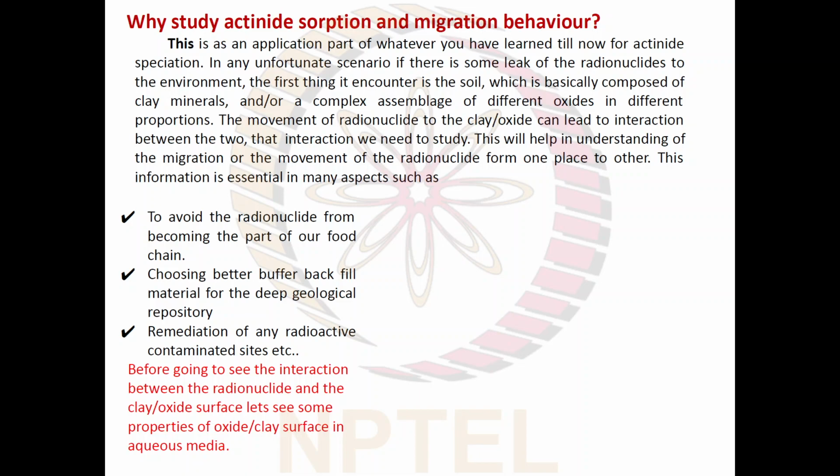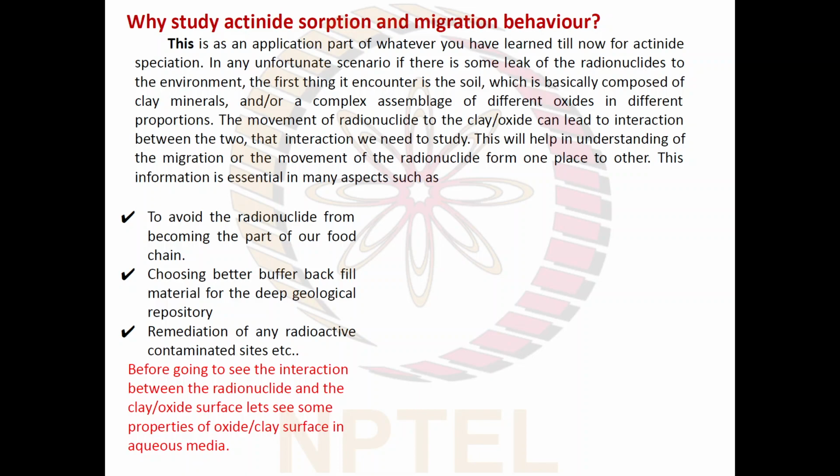That interaction we need to study, and this will help in understanding the migration or the movement of the radionuclides from one place to another. This information is essential in many aspects, such as to avoid the radionuclide from becoming part of our food chain, choosing better buffer backfill material for the deep geological repository, remediation of any radioactive contaminated sites, etc.